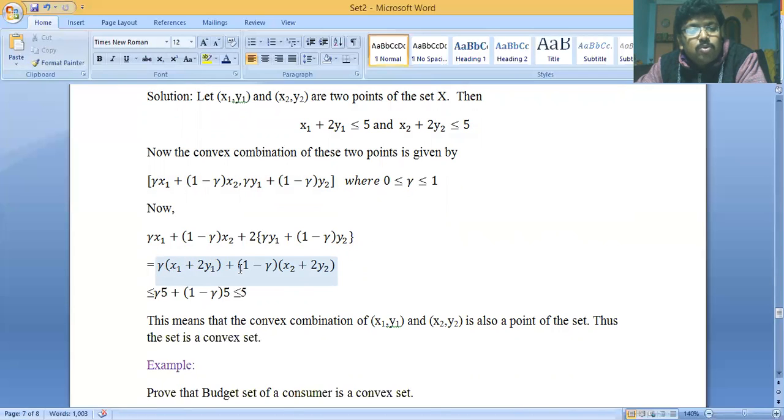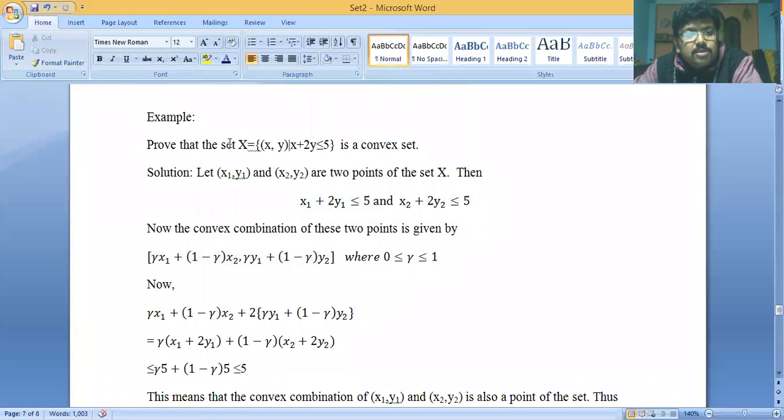So gamma times x1 plus 2y1, plus 1 minus gamma as a common factor times x2 plus 2y2. Here x1 plus 2y1 has a value of at most 5, and x2 plus 2y2 is also at most 5. So 5 gamma and 5 times 1 minus gamma. Ultimately, with a simple calculation, we get 5 less than or equal to 5. So this means that a convex combination of x1, y1 and x2, y2 is also a point of the set. Thus, the set is a convex set.